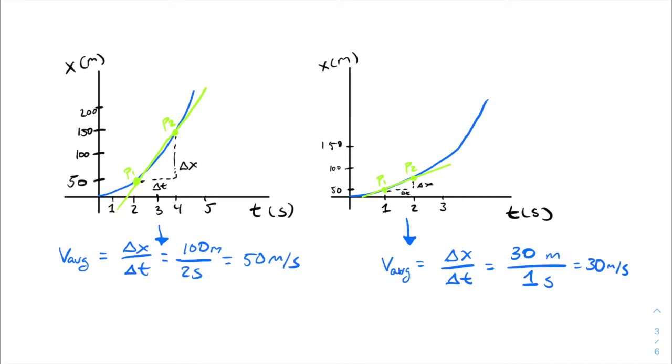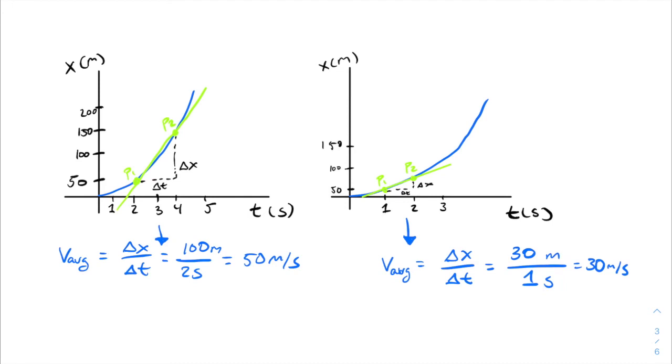The displacement is simply 150 meters minus 50 meters, which is equal to 100 meters, divided by the difference in time. This difference in time is simply 4 seconds minus 2 seconds, which gives us 2 seconds. Therefore, our average velocity is 100 meters divided by 2 seconds, which is equal to 50 meters per second.